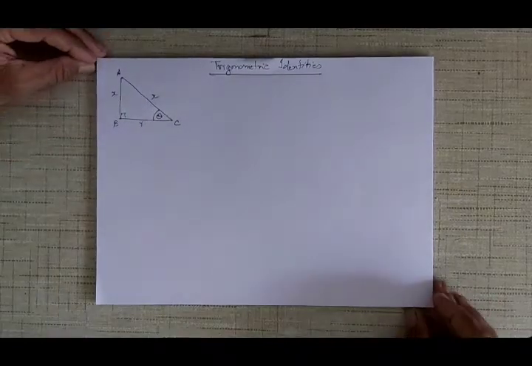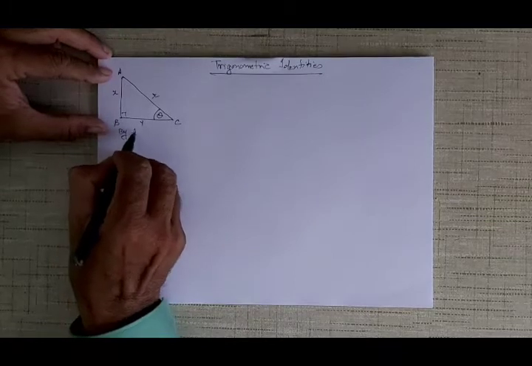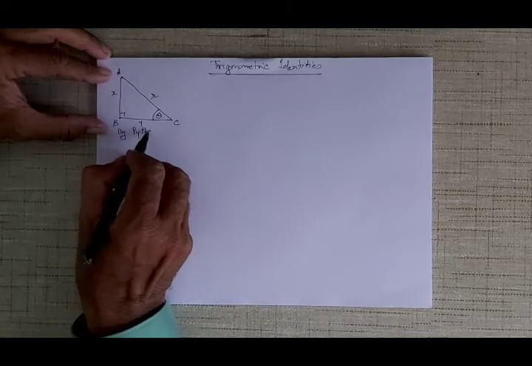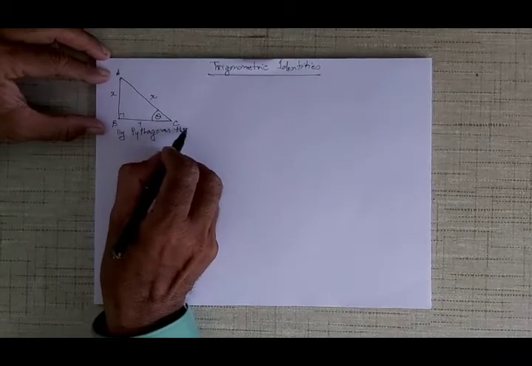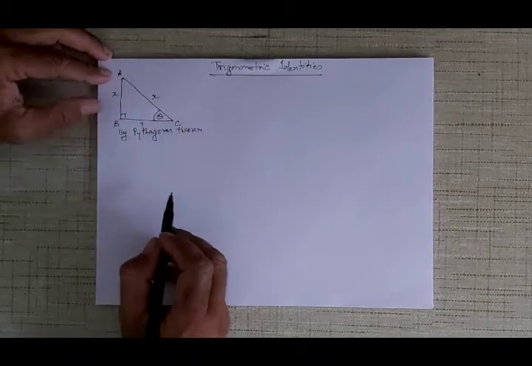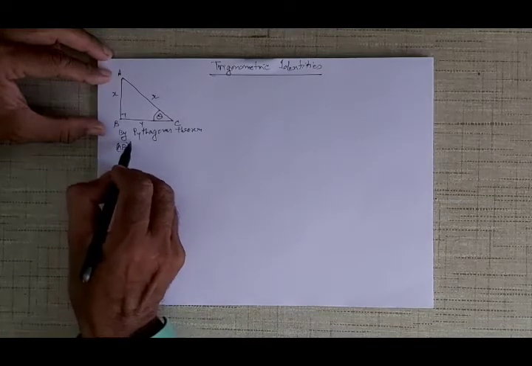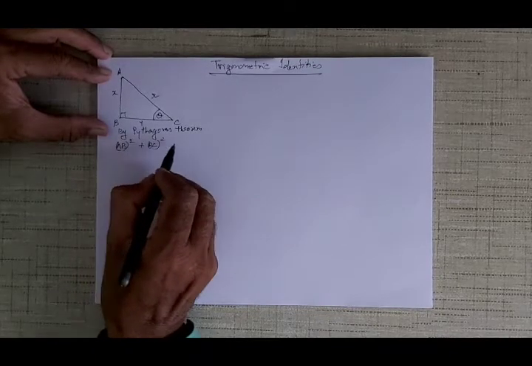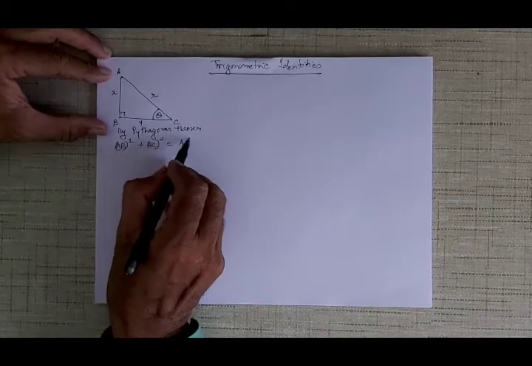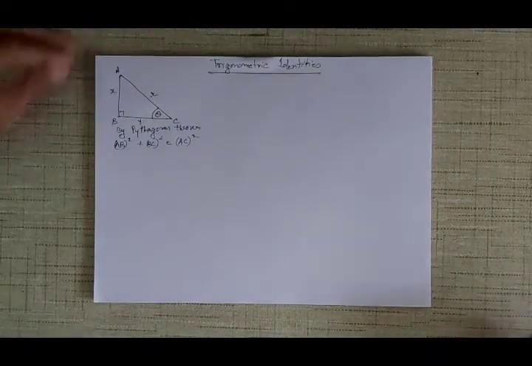Now by Pythagoras theorem, AB square plus BC square is equal to AC square.